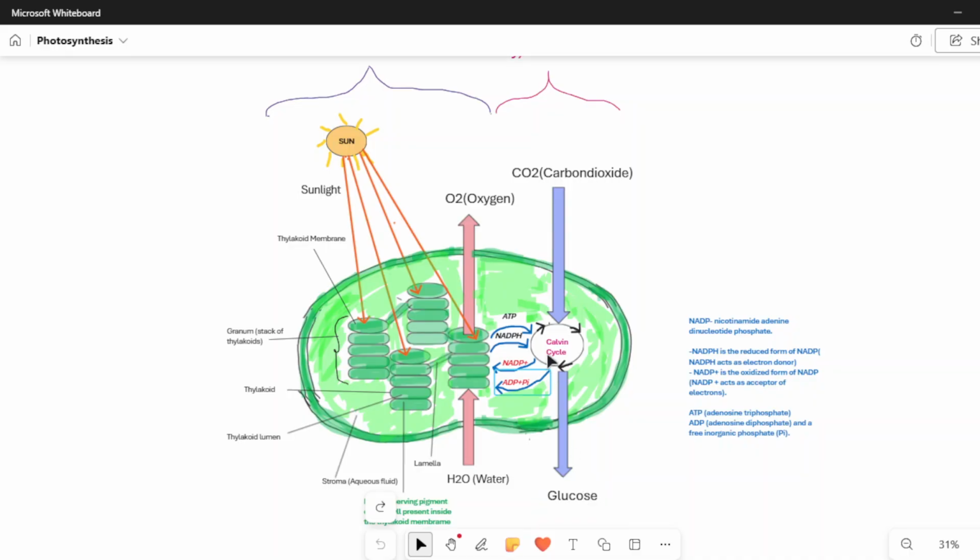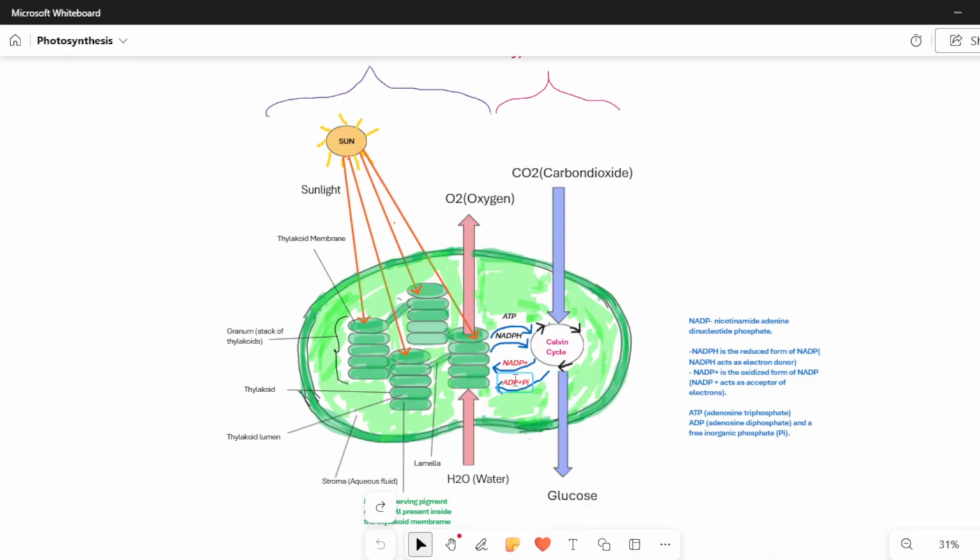structure. After that, you can see NADP plus and ADP plus Pi are two chemicals which are released as byproducts. These are formed while the creation process is being done. These both are byproducts which are not necessary. So it sends them back to the thylakoid, and the thylakoid again recycles these two and produces ATP and NADPH.